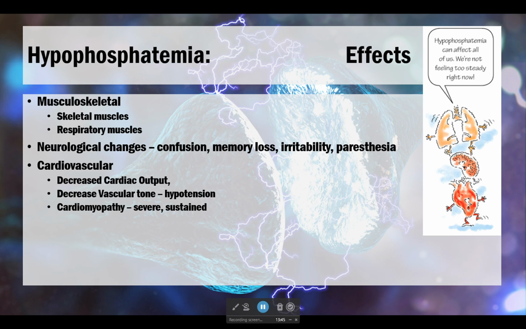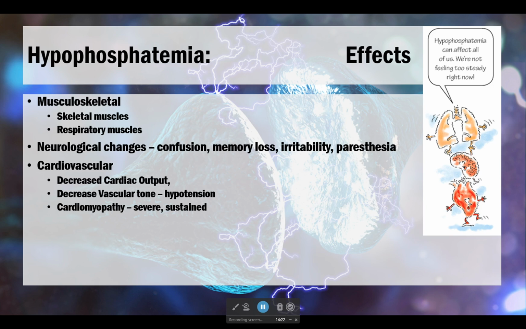Cardiovascular issues: if you've got weak muscle, not because the muscle's been injured but because the muscle doesn't have fuel, it doesn't have ATP, then that can decrease cardiac output and impair vascular tone. Decreased vascular tone is going to contribute to hypotension, and those things together can contribute to what is called a cardiomyopathy. Generally, a cardiomyopathy is going to evolve over time. It's not going to happen just as soon as your phosphorus levels drop.